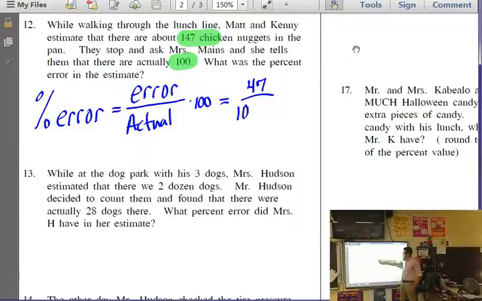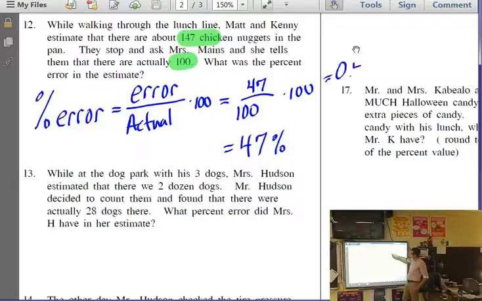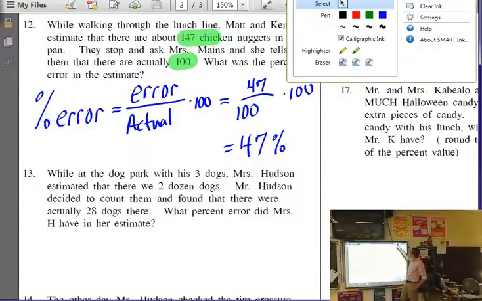The actual was 100. I tried to make this problem easy for you to begin with. When I have division by 100 and times 100, these undo each other, and this comes out to be 47%. Or we would have solved this to be 0.47 times 100, which would then still lead me to 47%.